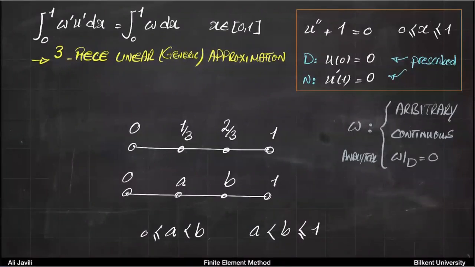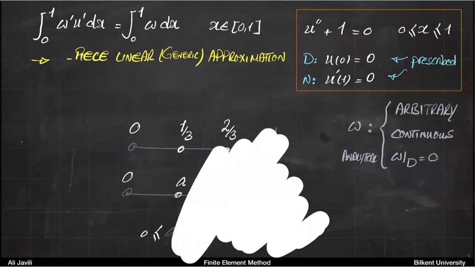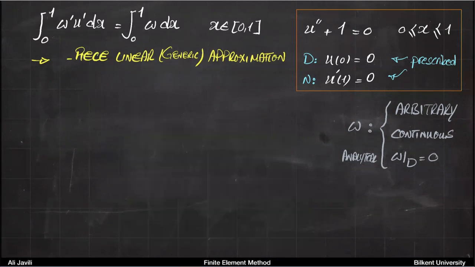So we are looking for a four-piece approximation. So basically what that means is that the range between zero and one would be split into four pieces.